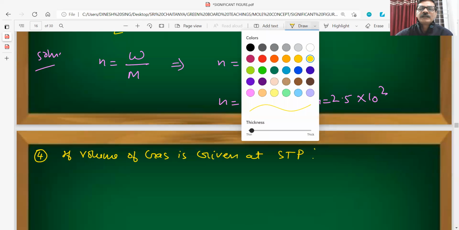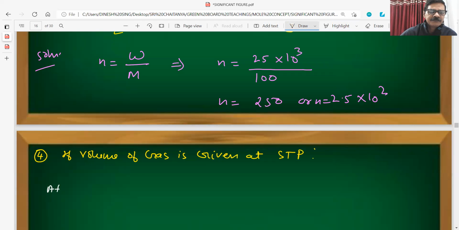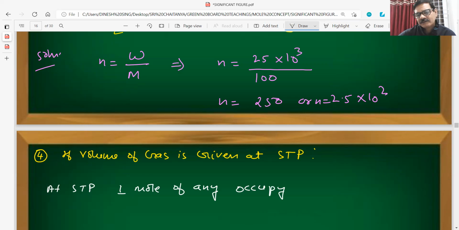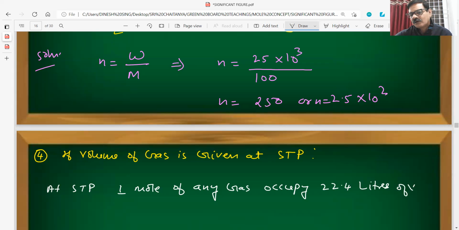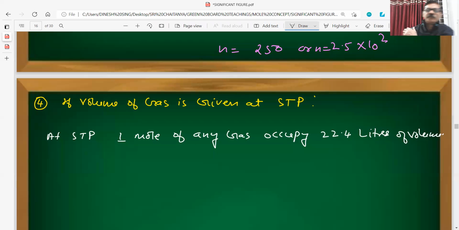At STP, 1 mole of any gas occupies 22.4 liters of volume. That is the volume of 1 mole of the gas, 22.4.